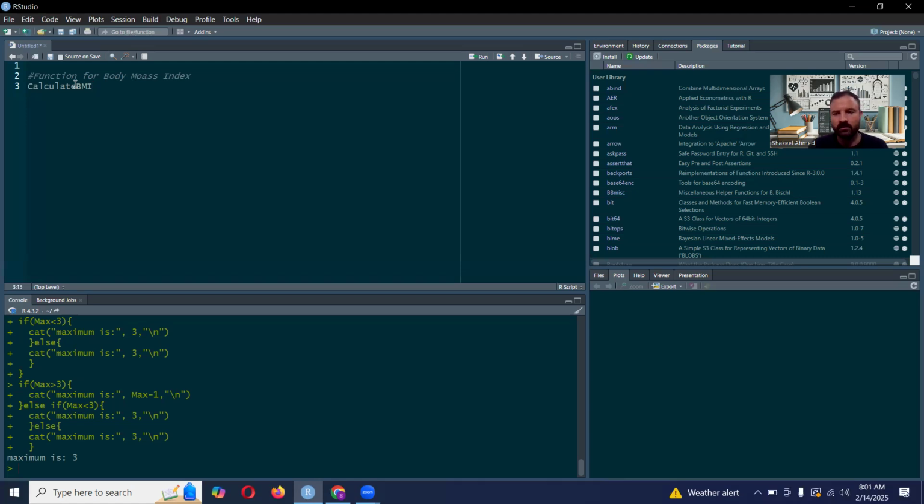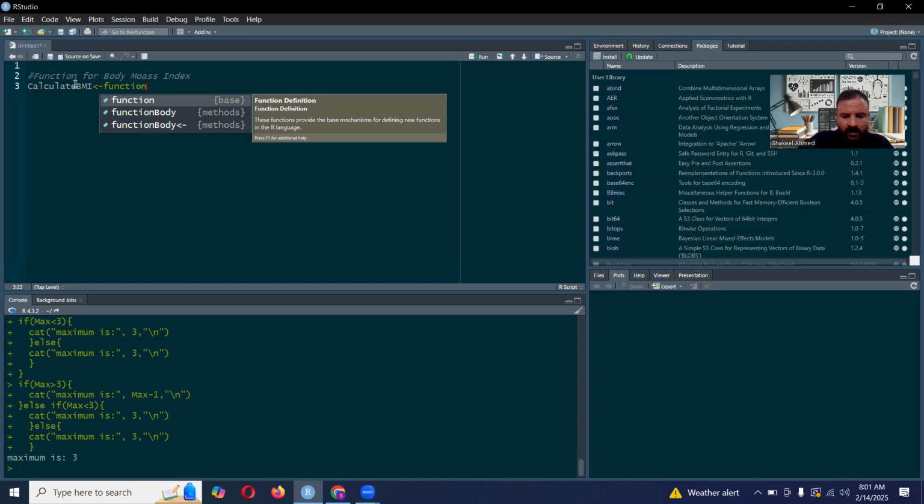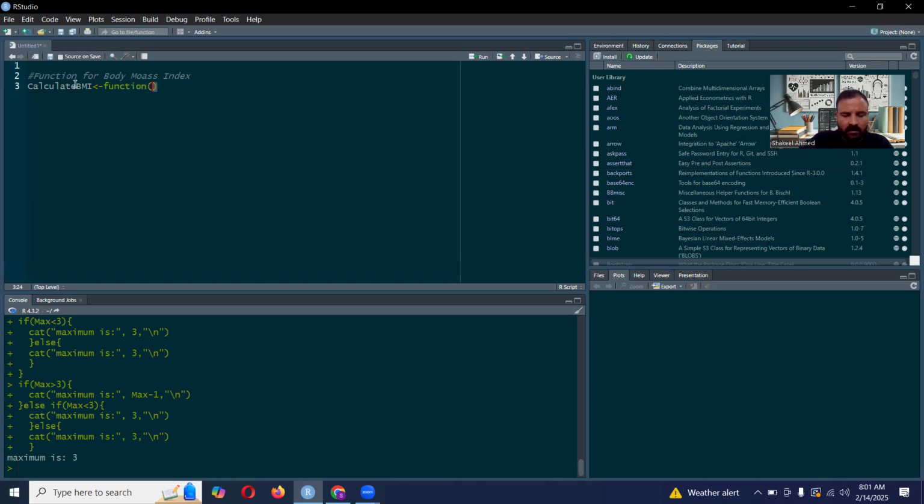When you know how to establish a function, you can build your own package for computing different things and doing different types of analysis. So this is the basic function which we are going to compute. You can just assign a function, and here you will opt for your inputs.